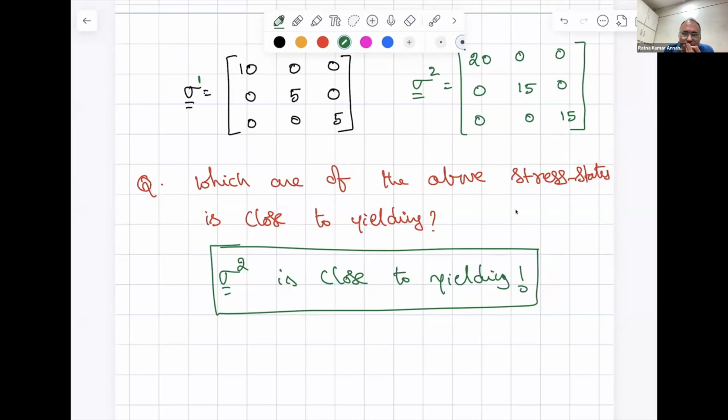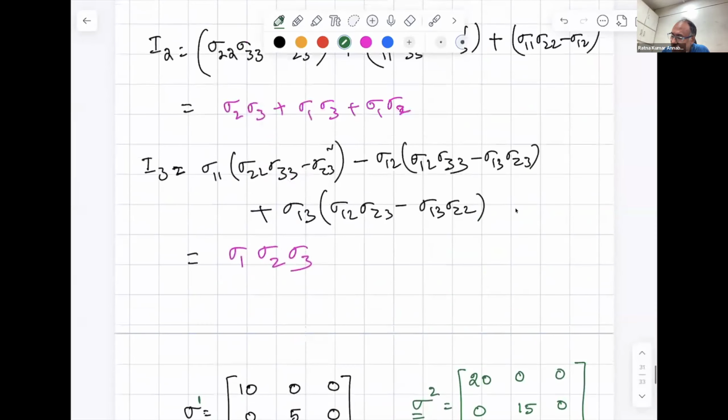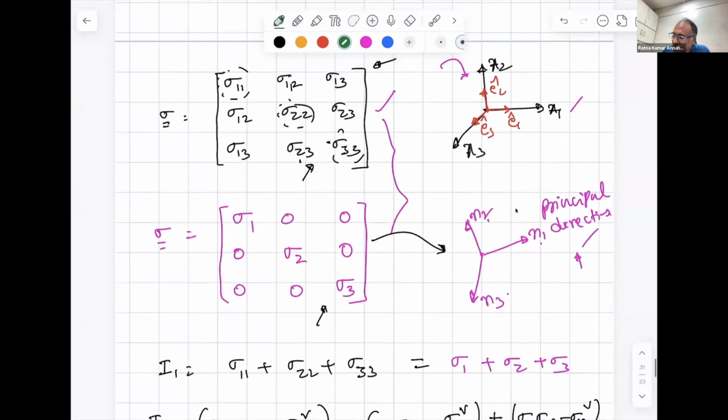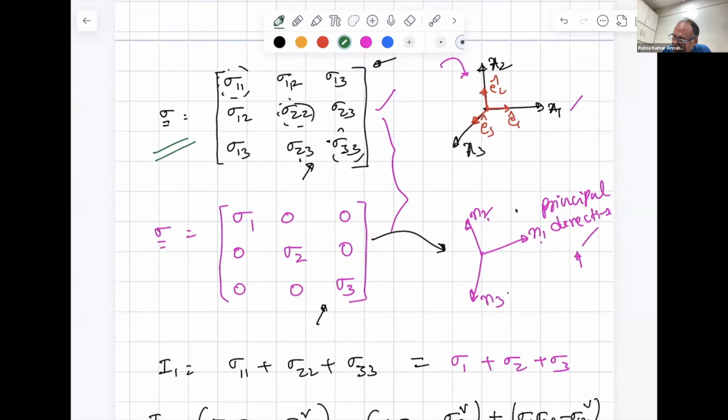In the last class, when we started talking about failure theories, we were talking about stress state. A stress state at a point can be written in either this frame of reference or that frame of reference. It is up to us to write in any frame of reference that we want, correct? Typically, the failure theories are expressed in principal frame of reference because you only have to deal with 3 numbers versus 6 numbers.